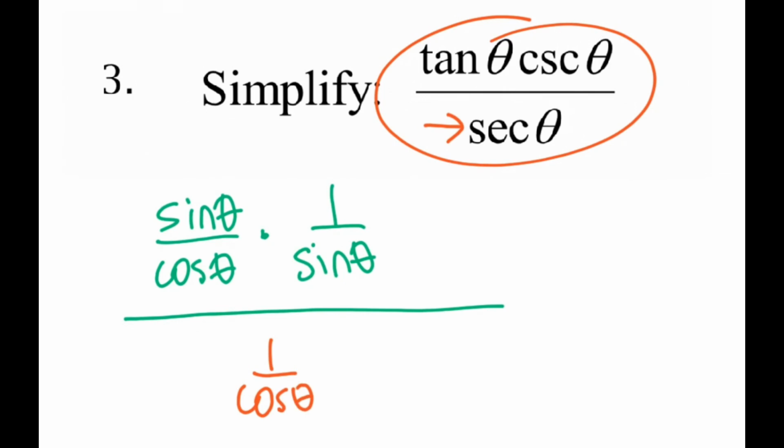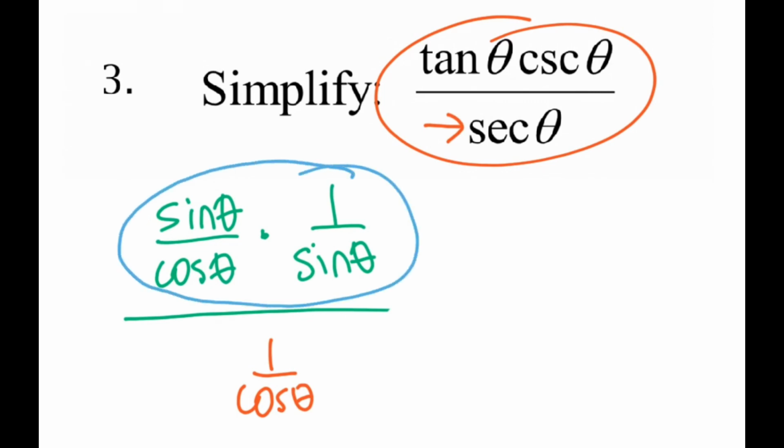Now when you have a complex fraction, just like I told you in the module, you need to just focus on one thing at a time. Don't try to take in everything. So let's just focus on our numerator. If I look at that, I am multiplying, so I do not need common denominators, but I can look for factors. And what I have here is I've got sine over sine. I can cancel those.